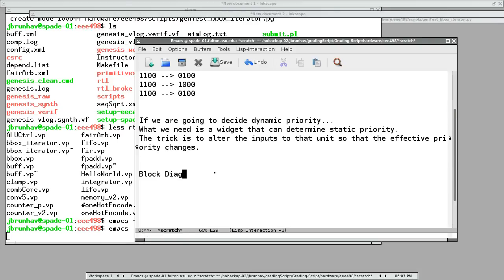So from a block diagram, how are we going to accomplish this? So the first layer needs to do something. So what I'll do is I'll shift the inputs.